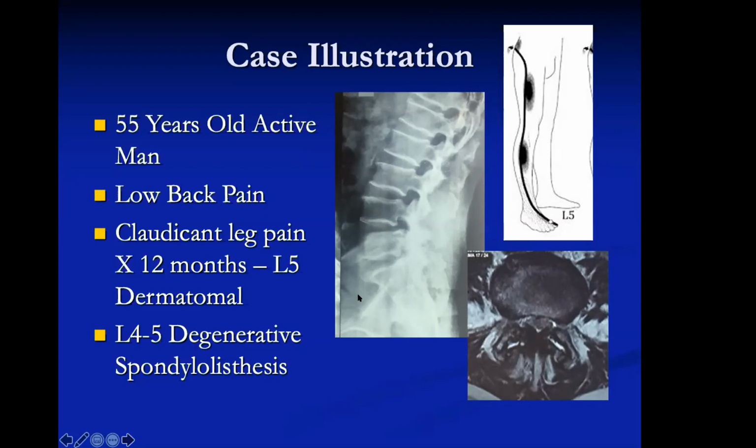You know how the L5 dermatome is distributed: the buttock, the posterolateral aspect of the thigh, the lateral part of the calf, and the dorsum of the foot. You can see there is significant stenosis in the axial section. Here the traversing roots are in this corner. The traversing roots get compressed in the lateral recess.